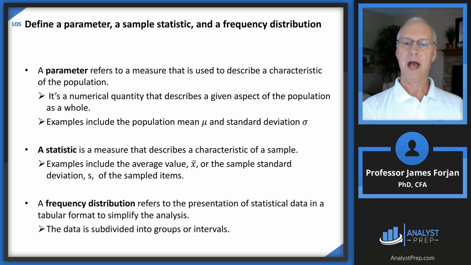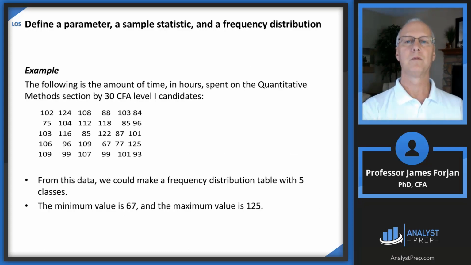And so you can have an average sample and a sample standard deviation. A frequency distribution refers to the presentation of a statistical data set in tabular format. Just to make sure it's simple, let's talk a little bit more about a frequency distribution.